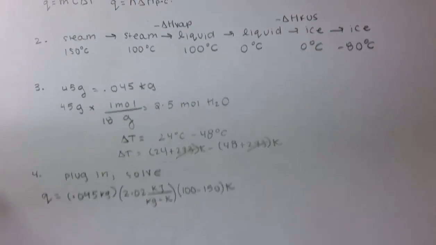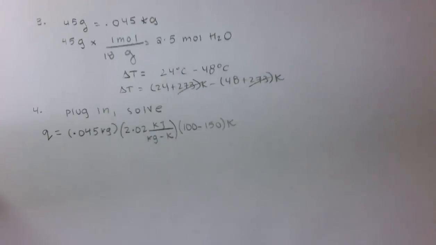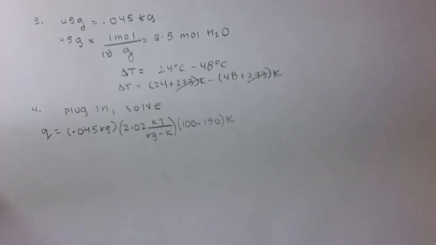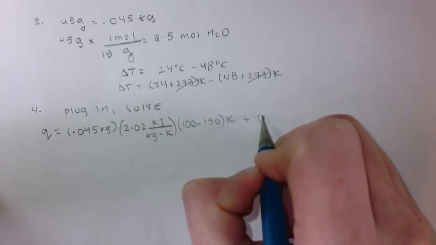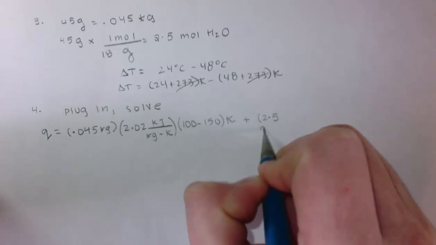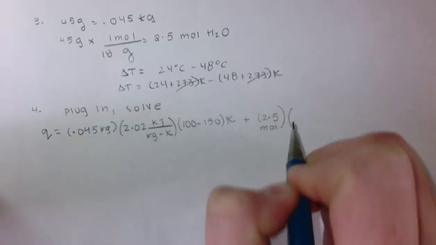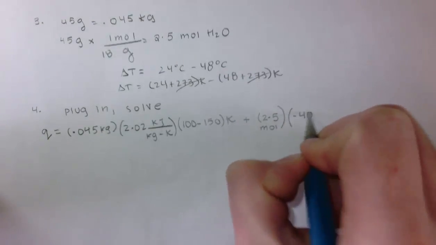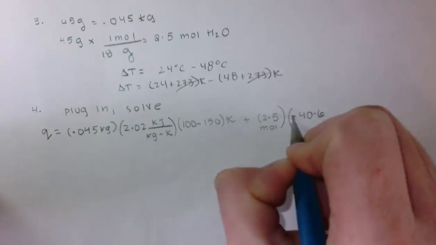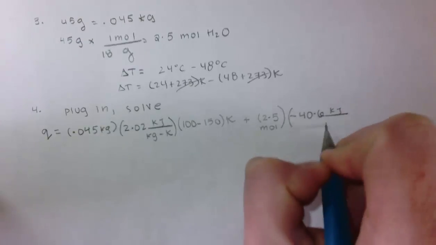And so now that we've done that, the second step in our process is moving from a steam to a liquid. So that is an example of latent heat. And that's going to be represented by adding our number of moles, which is 2.5, times our negative heat of vaporization, which is going to be negative 40.6 kilojoules per mole.